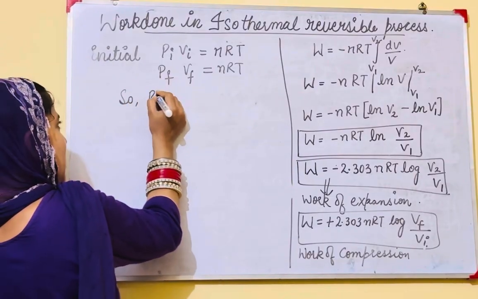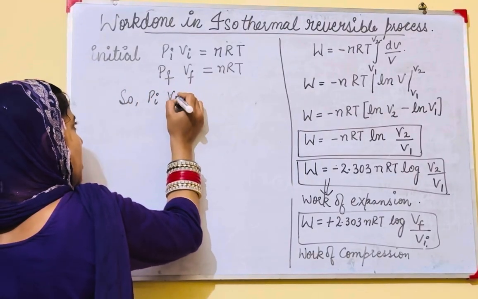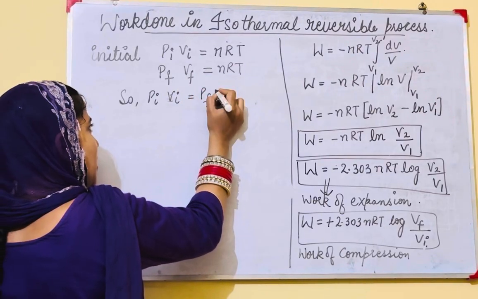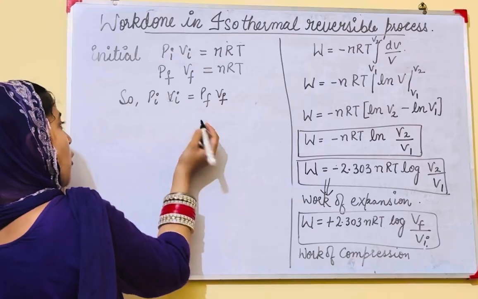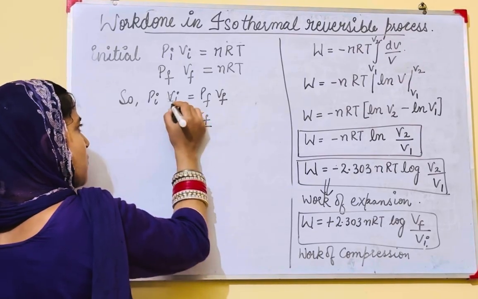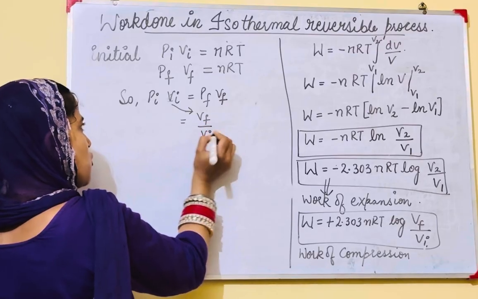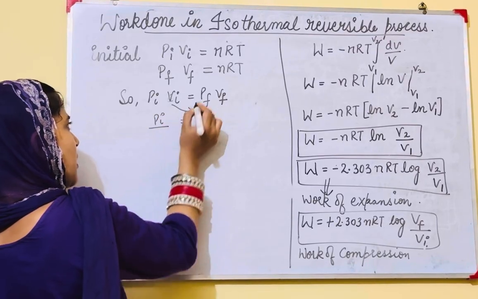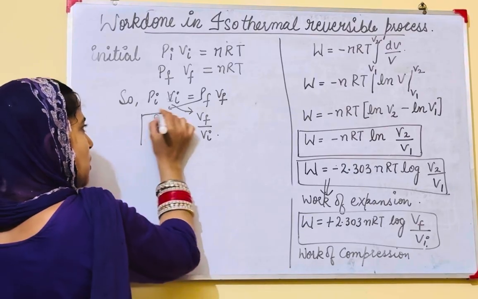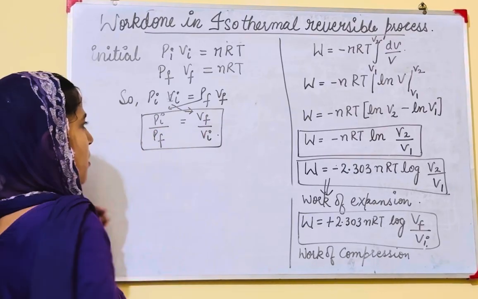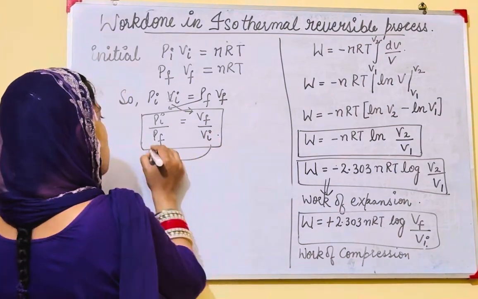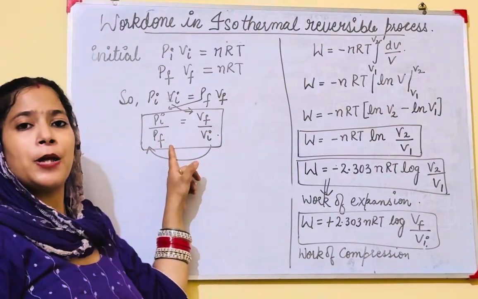So P initial V initial is equal to P final V final. Then we can also write V final, taking V initial to this side, and P final comes here. Now understand from here: V final divided by V initial will be equal to P initial upon P final.